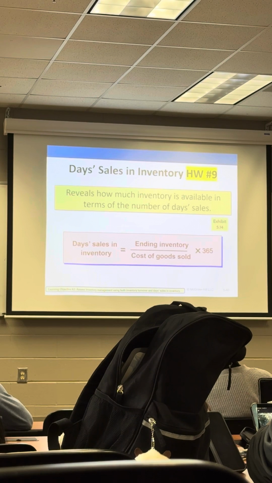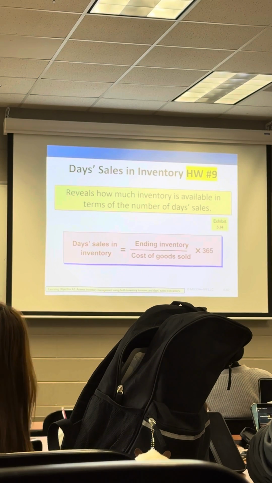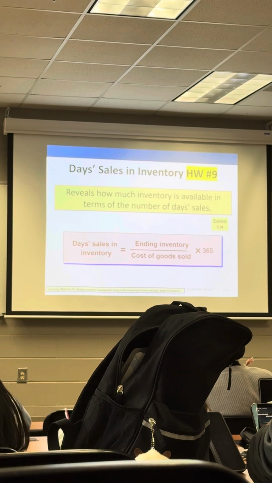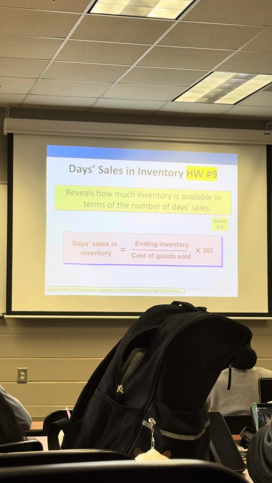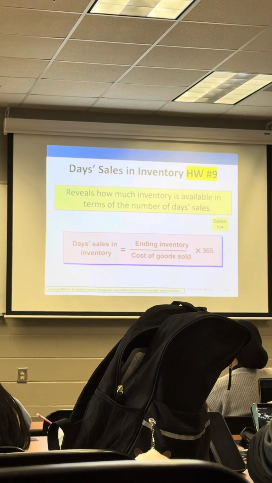I have seen this calculated a different way, but this is the way they want us to calculate it. Another way could just be 365 divided by the inventory turnover. It's almost the same answer, but it's a little different.